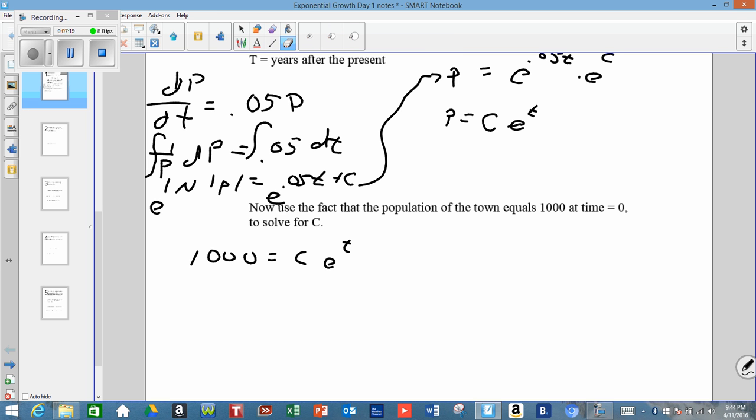There we go. I forgot the 0.05. Learning curve. 0.05t. Okay, there we go. So down here, I also have to do 0.05t.